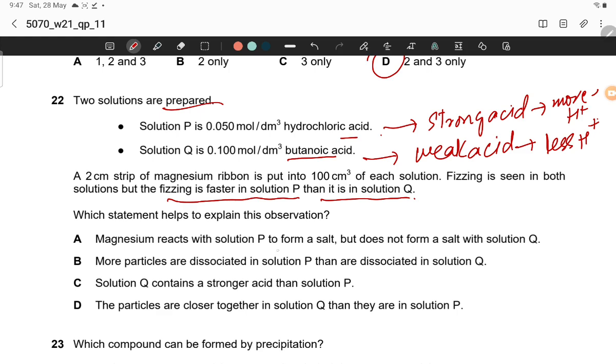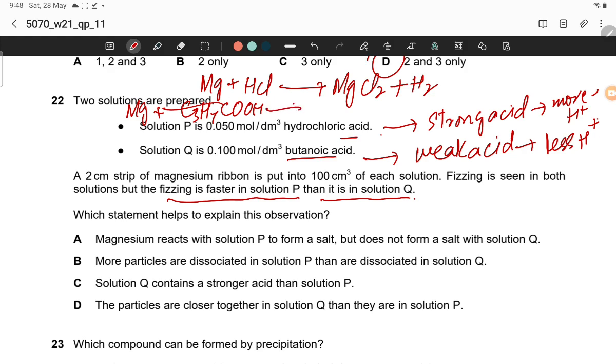Magnesium reacts with solution P to form salt but does not form salt with solution Q. Both form salt, because magnesium chloride is formed when magnesium reacts with HCl to form MgCl2 plus hydrogen gas, and butanoic acid, C3H7COOH, plus magnesium also forms a salt, magnesium butanoate, plus hydrogen gas.